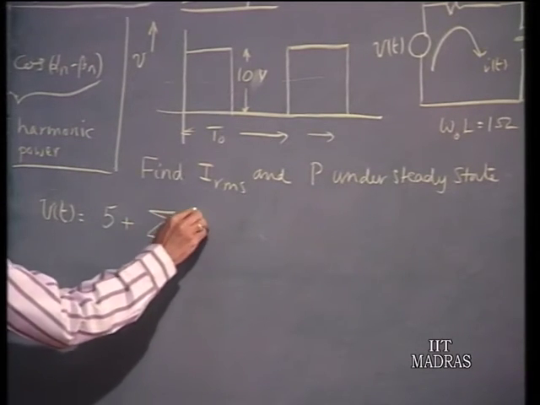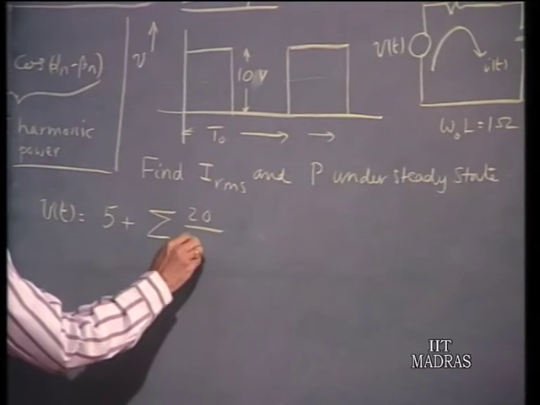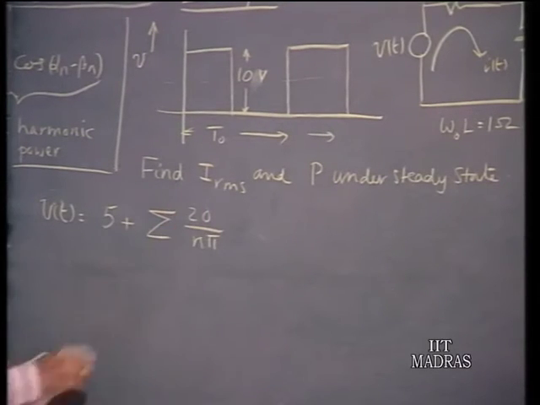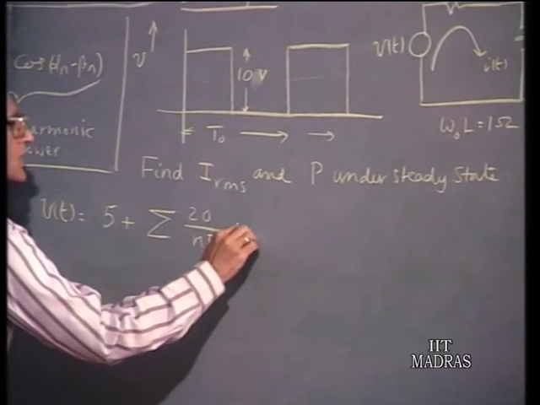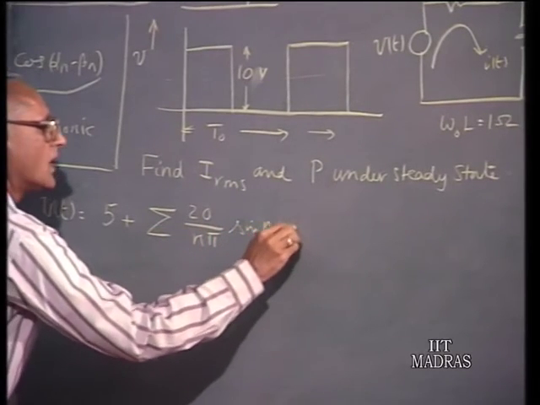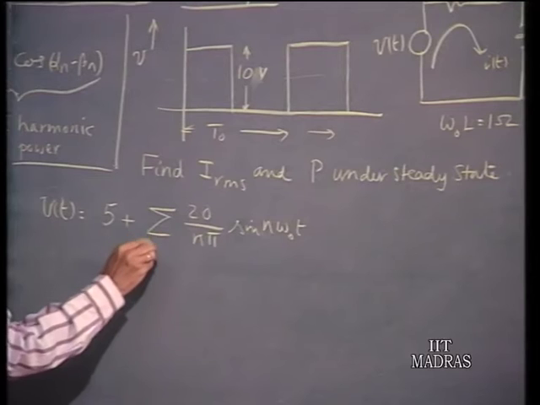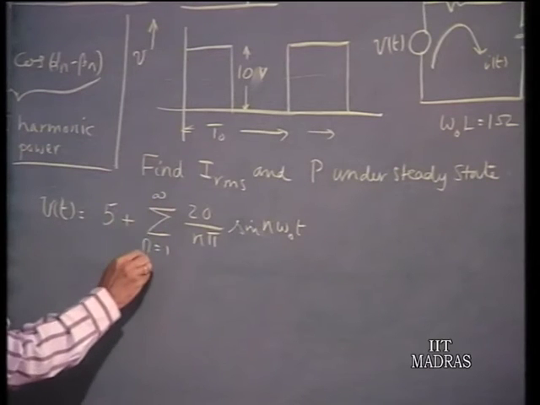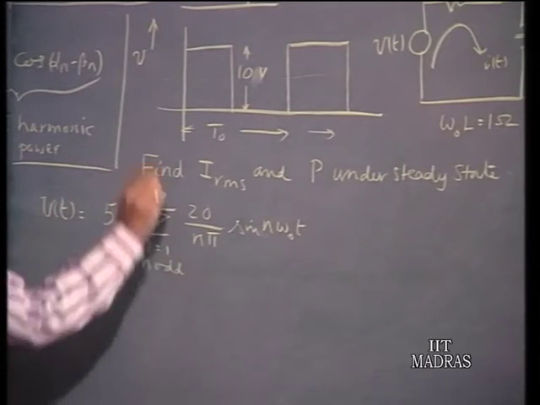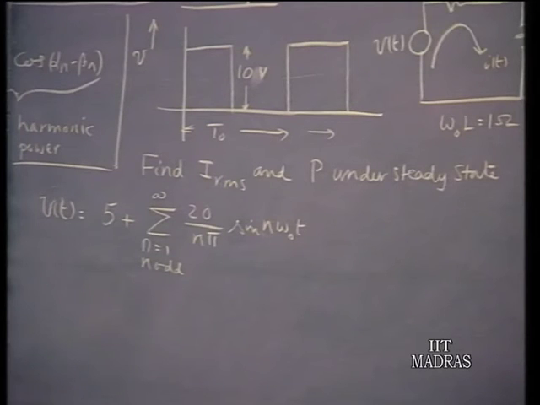Anyway, the final Fourier series would be sine n omega naught t, n from 1 to infinity and n odd, because once you remove the DC term, this will have odd half wave symmetry.